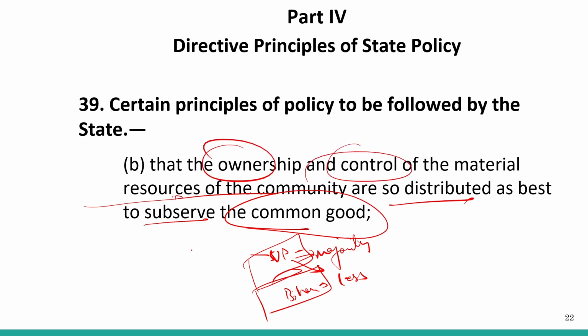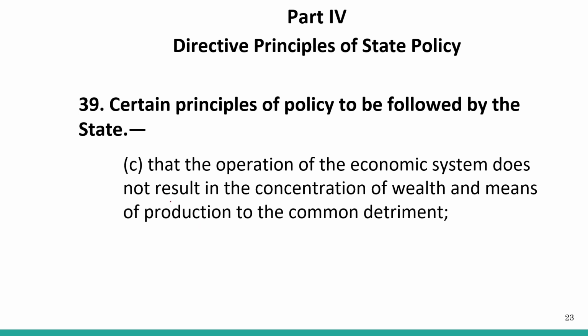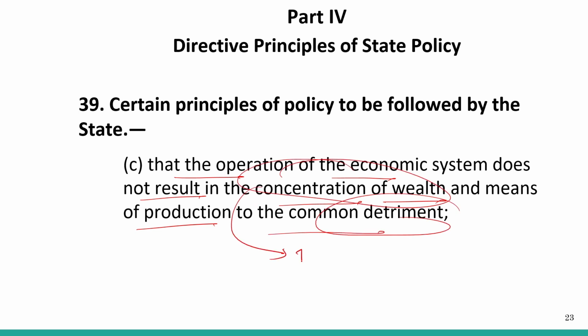Then clause C is talking about the operation of the economic system not resulting in the concentration of wealth and means of production to the common detriment. So there shouldn't be concentration of wealth, and on this basis only our income tax slabs have been decided, that it will be 15, 20, 25%, etc.